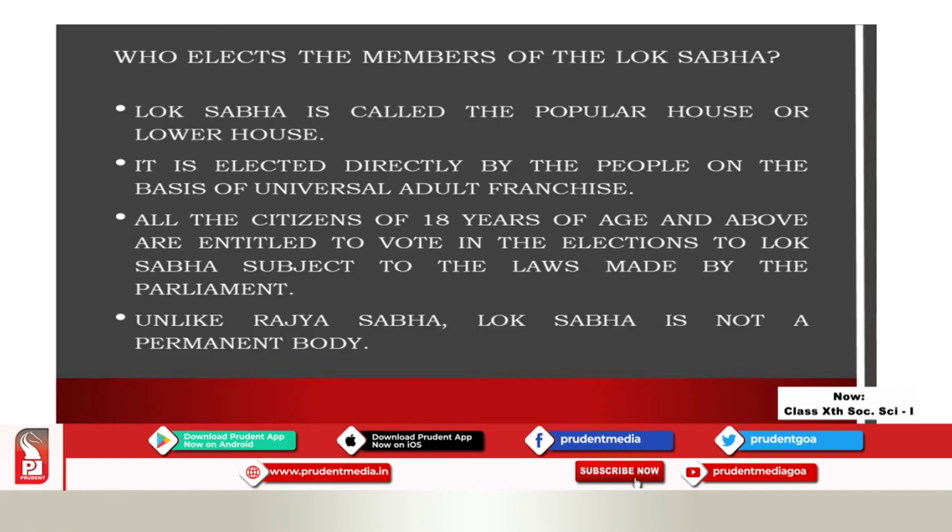Means any citizen, irrespective of any caste, any creed, any gender, any economic or social status, is entitled to vote. So all citizens of 18 years of age and above are entitled to vote in the election for Lok Sabha, subject to the laws made by the parliament.